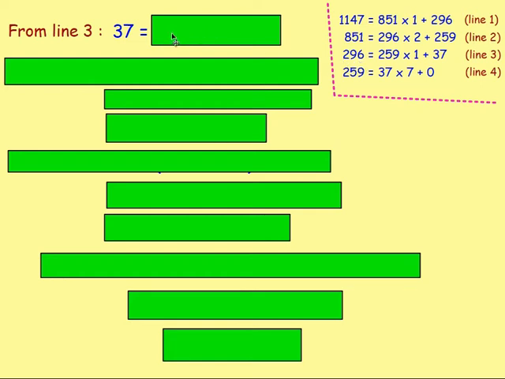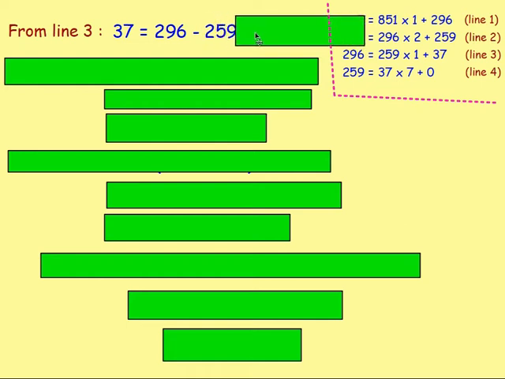So we can say the left-hand side here is 296. So we know it'll be 296 take away the 259 times 1. Obviously, when you multiply by 1, it just stays as it is. So 37 will equal 296 take away the 259. Just double check that, it does make sense.